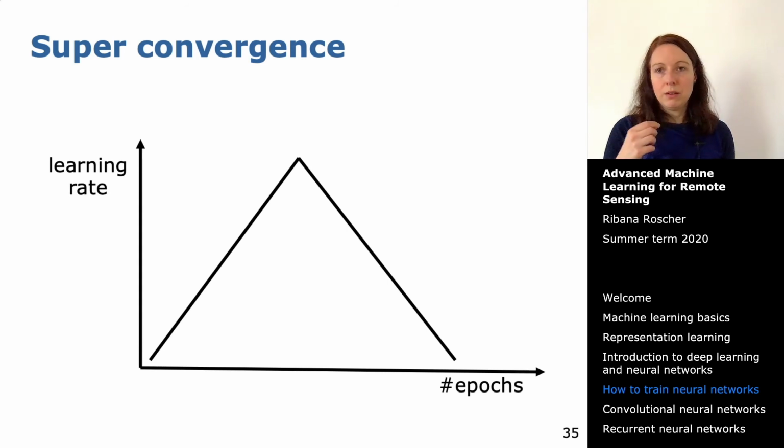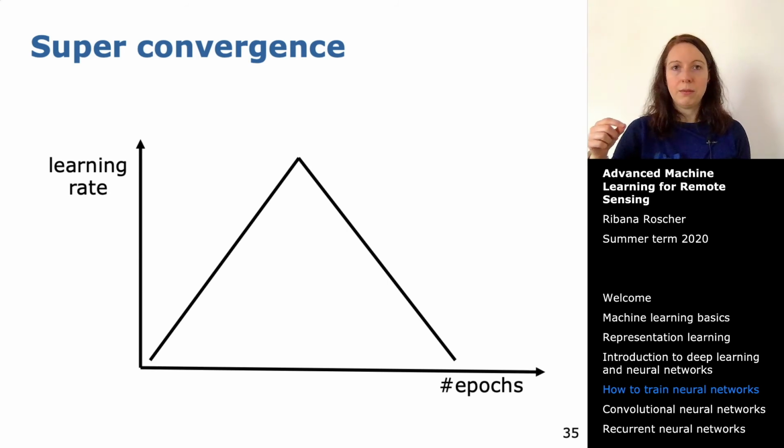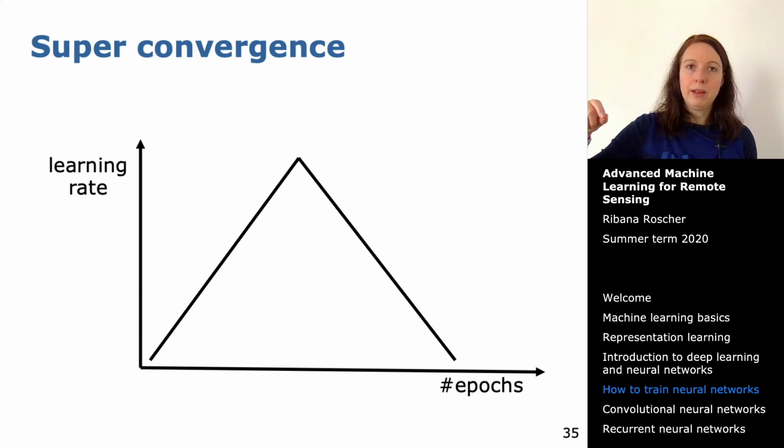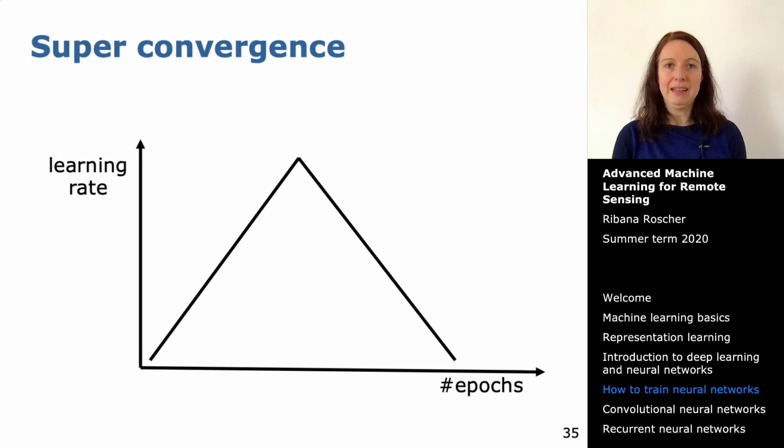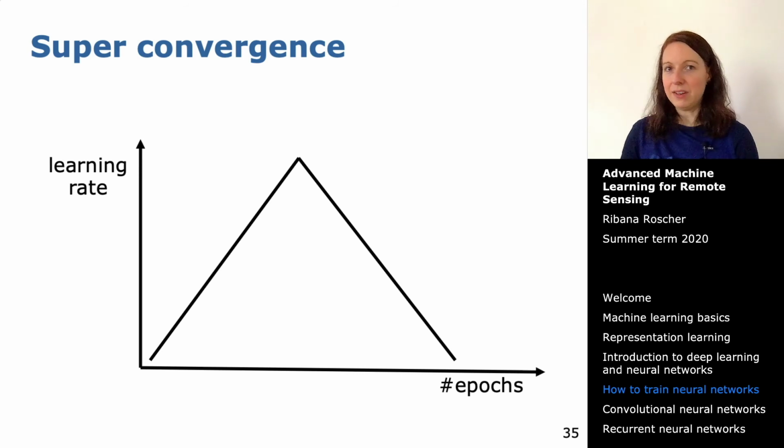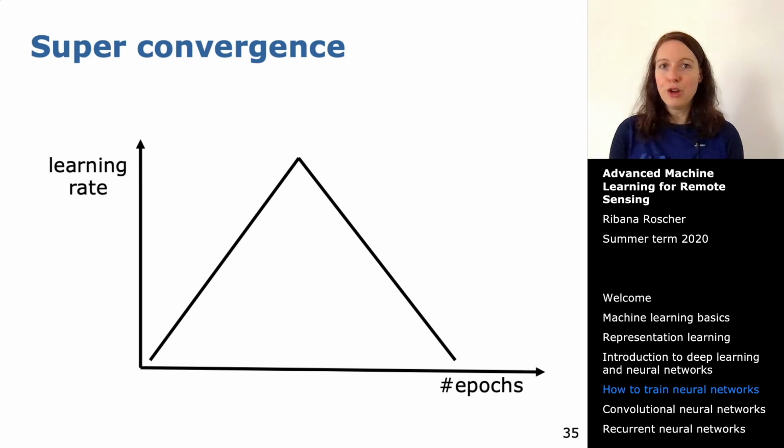You start with a very small learning rate, because when you start in a loss landscape, the gradients in the early beginning need a little bit of time to orientate themselves and to settle a bit, to see what is a good direction to go. When you immediately start with a high learning rate, it's very likely that you just run around and go in a wrong direction.